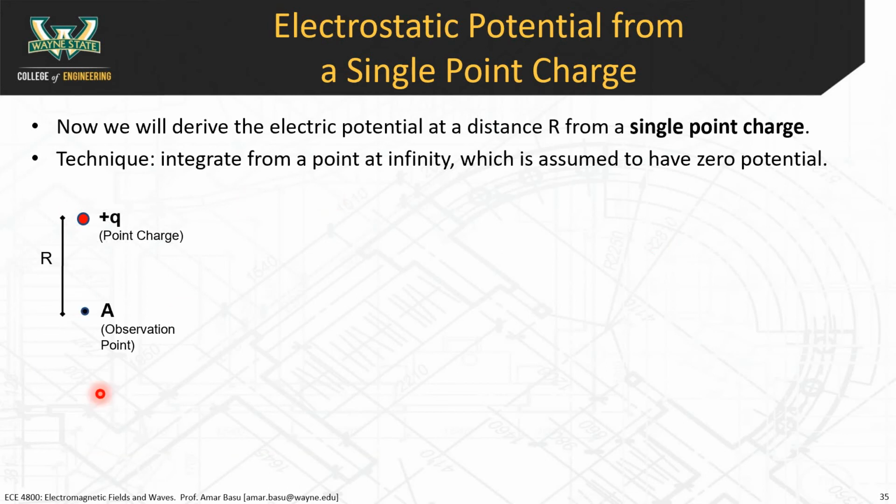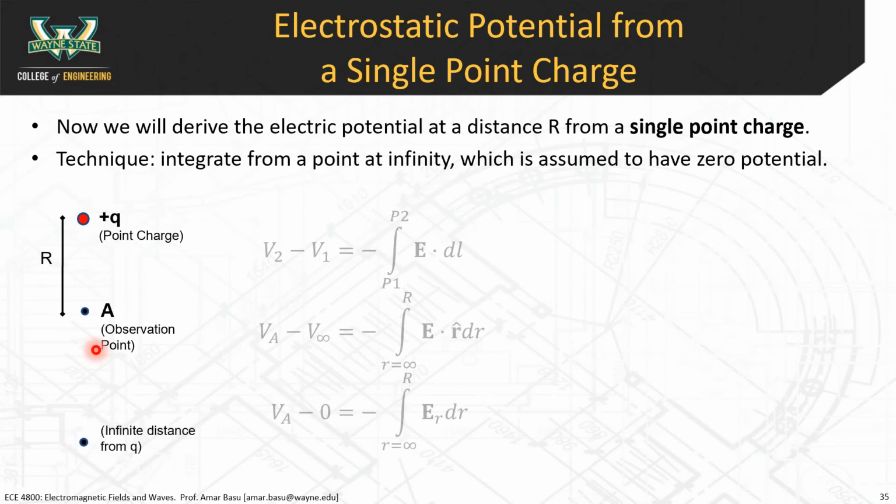All right, and you're going to integrate from a point at infinity, which is assumed to have a zero potential. This is a technique that we're using. The question we're trying to answer is, if you have just a single charge and you are some distance away from that charge, what is the electrostatic potential at an observation point? The technique to do that is you use the equations that we just showed, except you're going to make one of the points at an infinite distance.